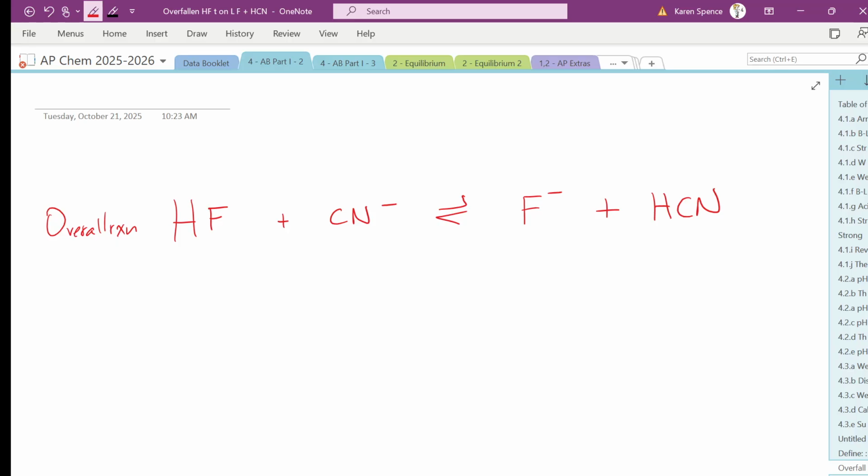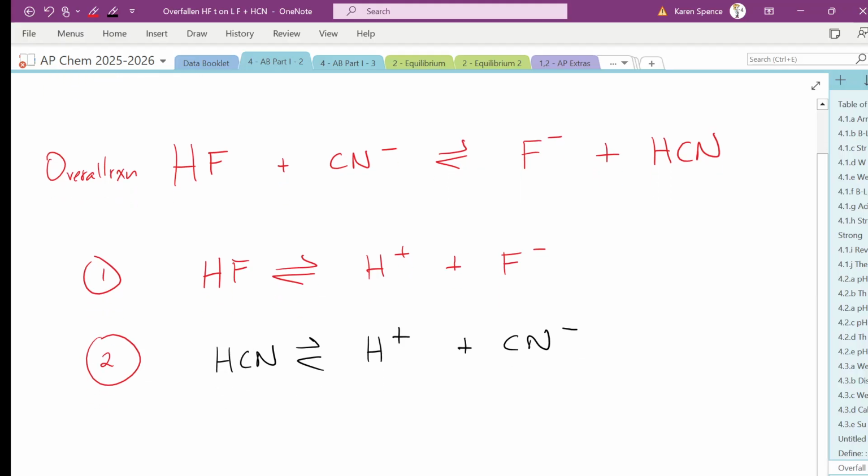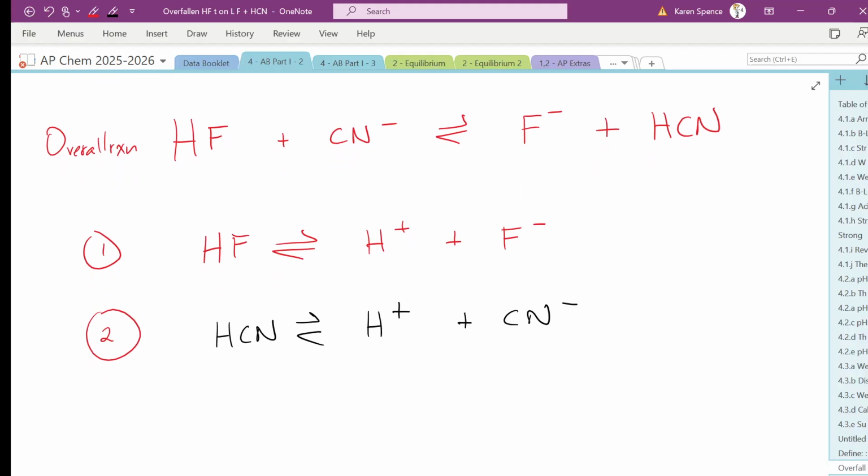We could make this reaction out of the following two reactions. Reaction 1 would be HF in equilibrium with H plus F minus, yes? And reaction 2 would be HCN in equilibrium with H plus CN minus. Now, how could we have these two reactions add up to give us the overall reaction? What would we have to do?